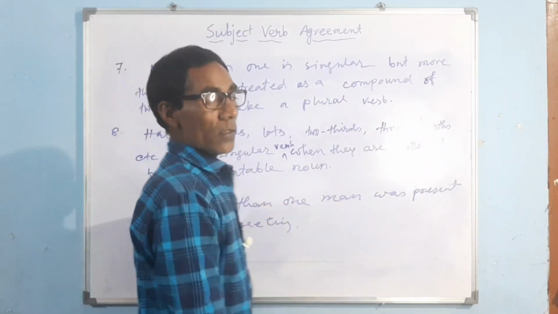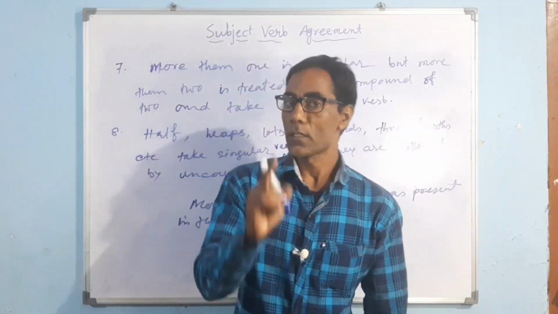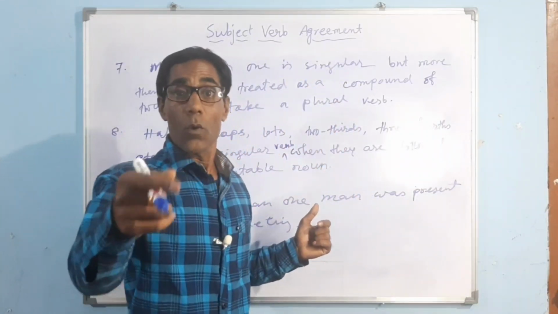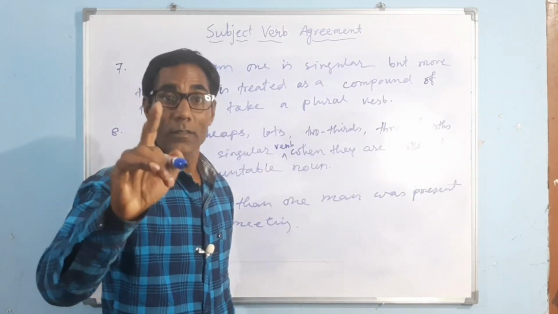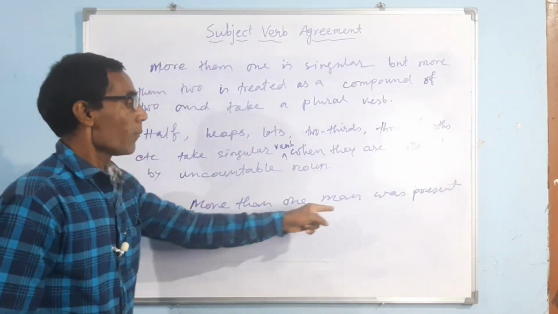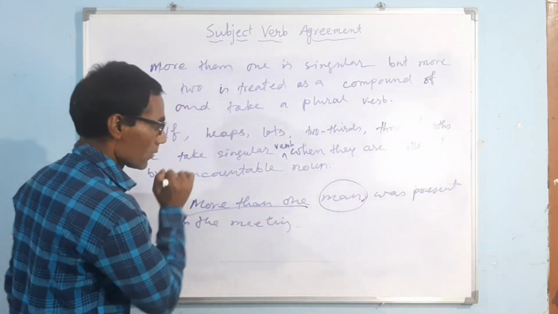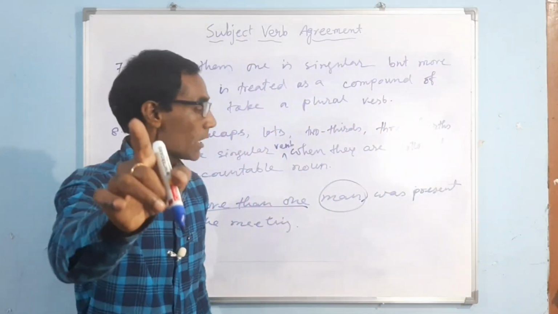So, if more than one is in the subject, it is singular. You may think more than one means many, so you may use a plural verb, but that is wrong. You have to use a singular noun after more than one, and therefore a singular verb.